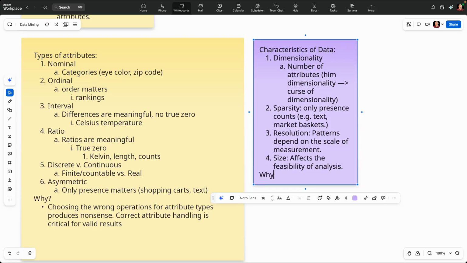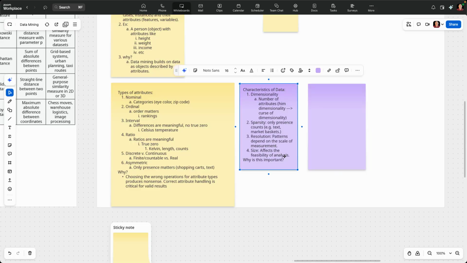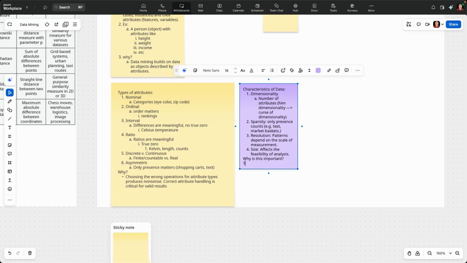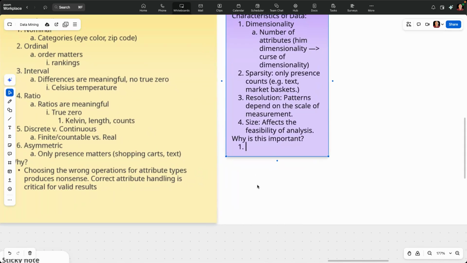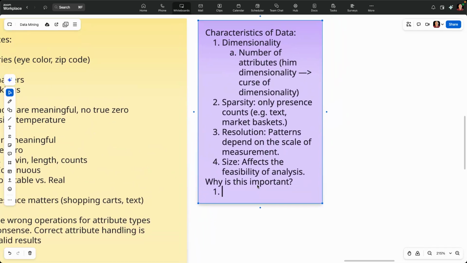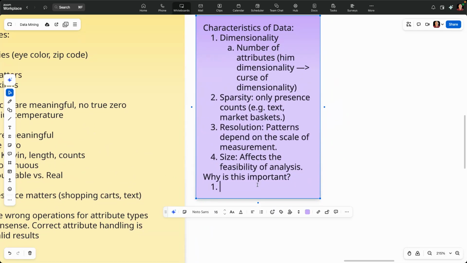And then we'll answer, why is this important?